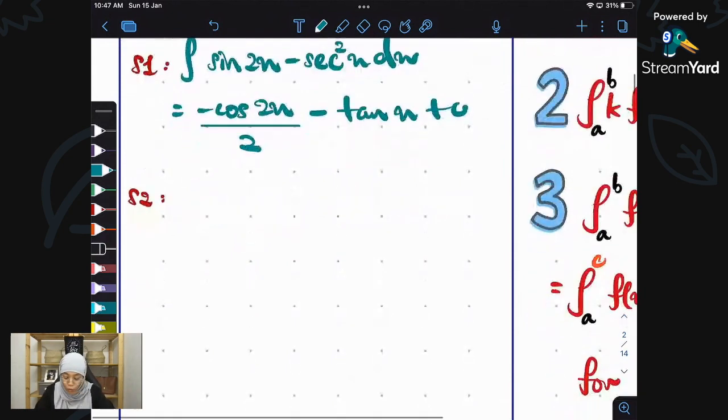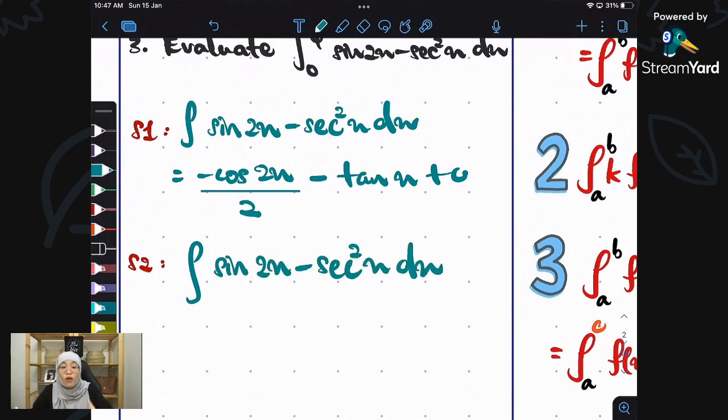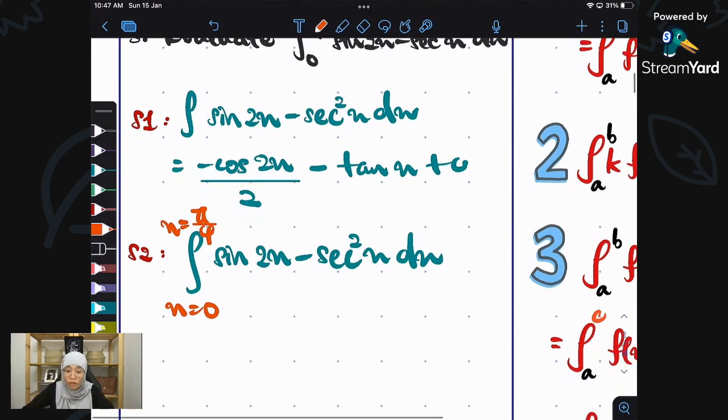And then we are now going to the second step, which is we integrate the trigo again, but then we now write down the limit, which is x equals 0 until x equals pi over 4. So this is the original question.